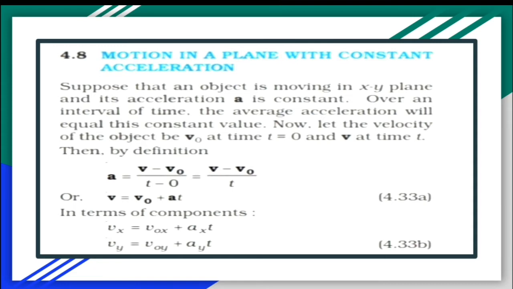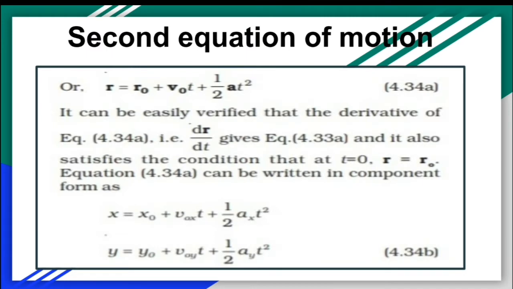Now you can write it in terms of components. In terms of components, the equations are vx is equal to v0x plus axt and vy is equal to v0y plus ayt. So in doing problems, we need both the equations, either in vector form or in component form, depending on the situation.